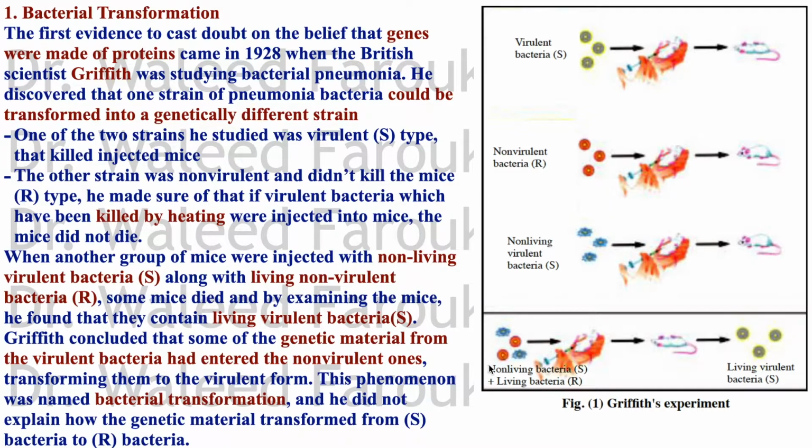He did not inject them with a living virulent, he injected them with a non-living virulent bacteria together with a living non-virulent bacteria, but the result was living virulent bacteria. So there must be a kind of bacterial transformation that happened that led to the existence of these living virulent bacteria.